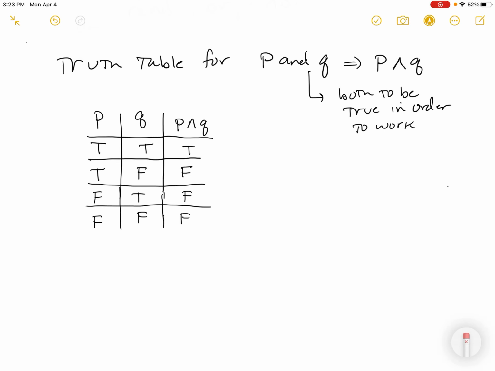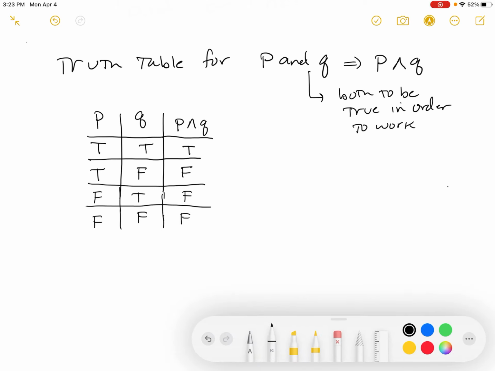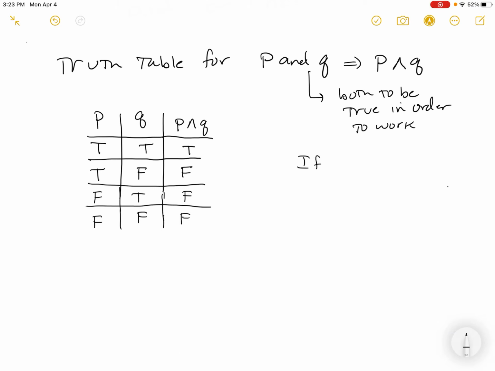If any one of them is false, then the overall condition is false. So I'll write that out. If any one statement is false, then P and Q is automatically false.